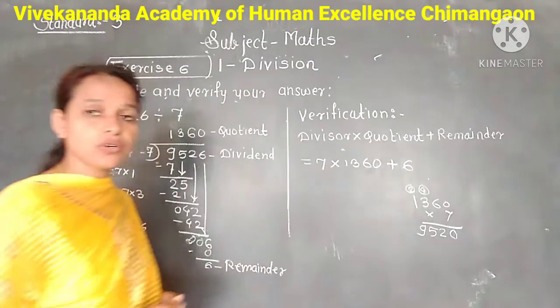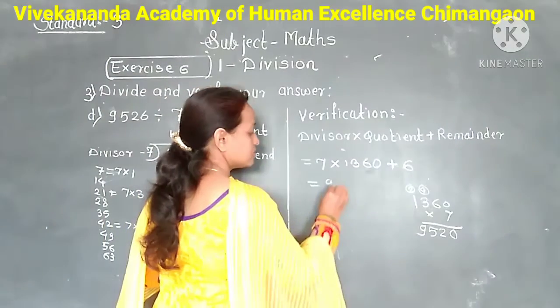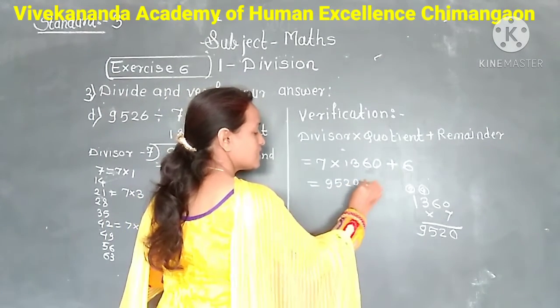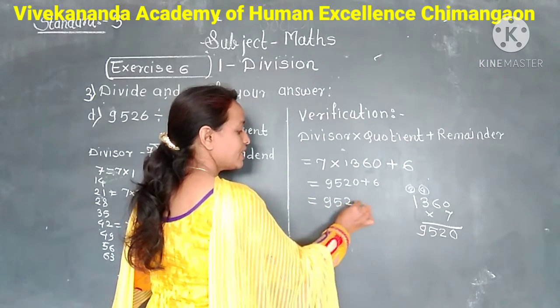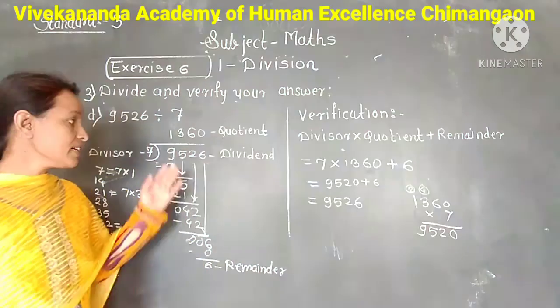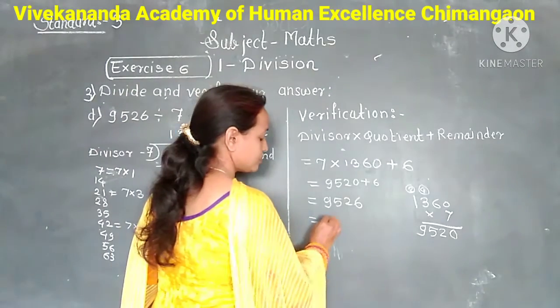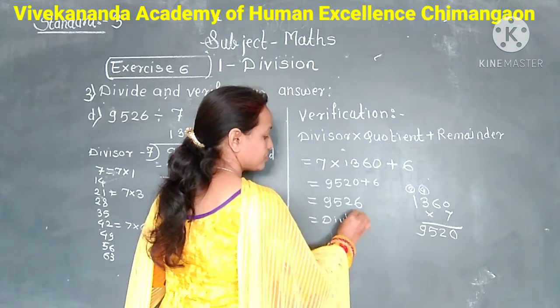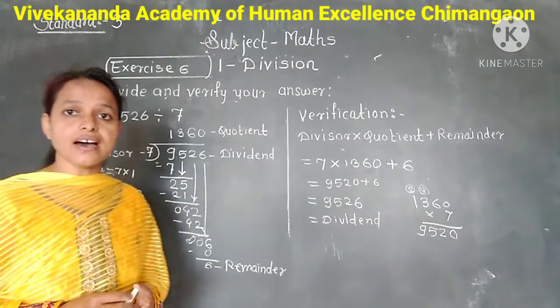So here we get product 9520 plus 6, we get 9526. So sister, 9526 is our dividend. So student, here we verify our answer.